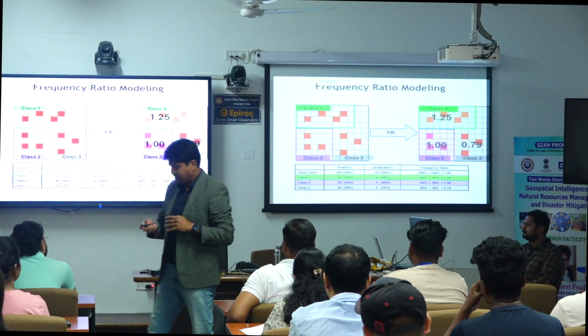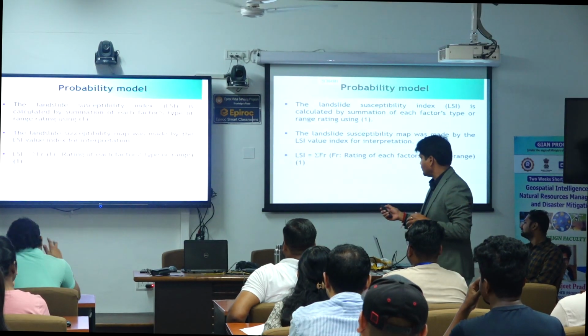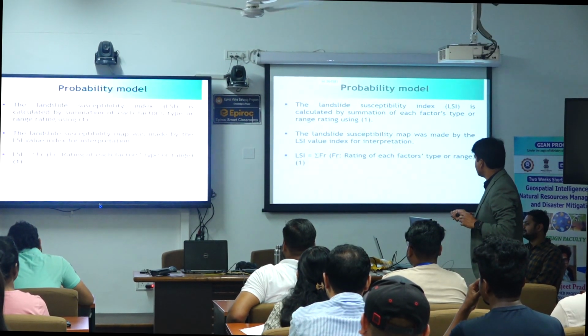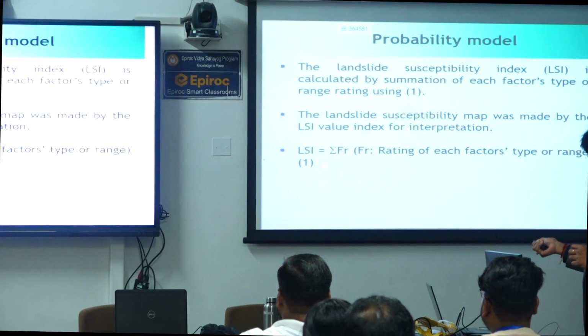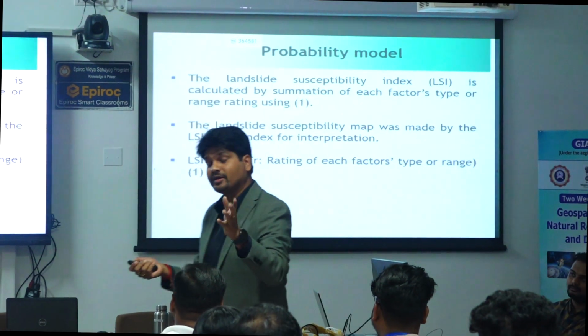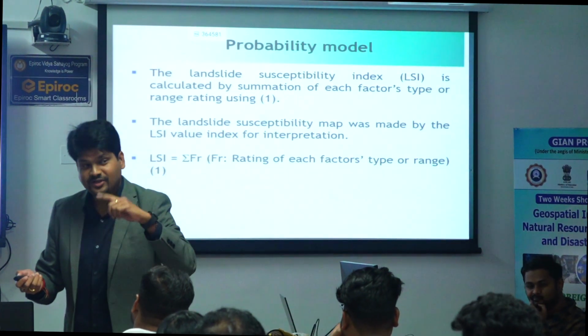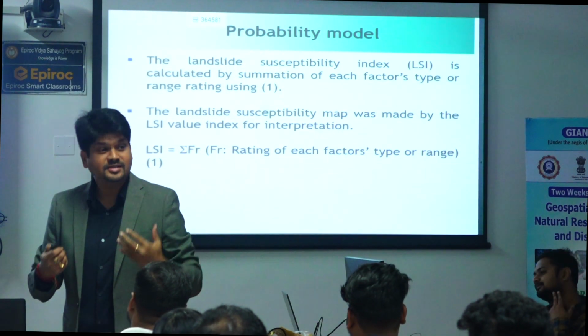Once you have that, you calculate the landslide susceptibility index, which is the summation of the frequency ratio values of all the input conditioning factors, reclassified based on the frequency ratio values. It's easy.